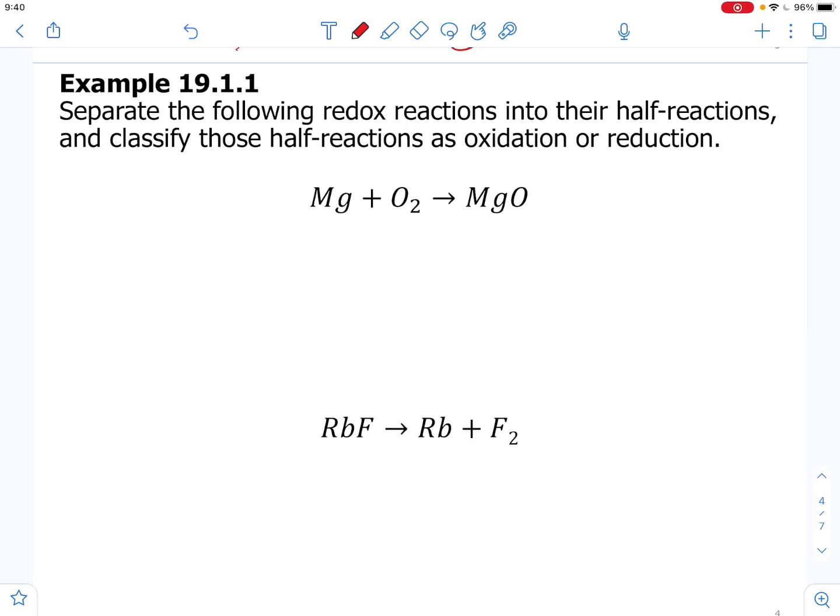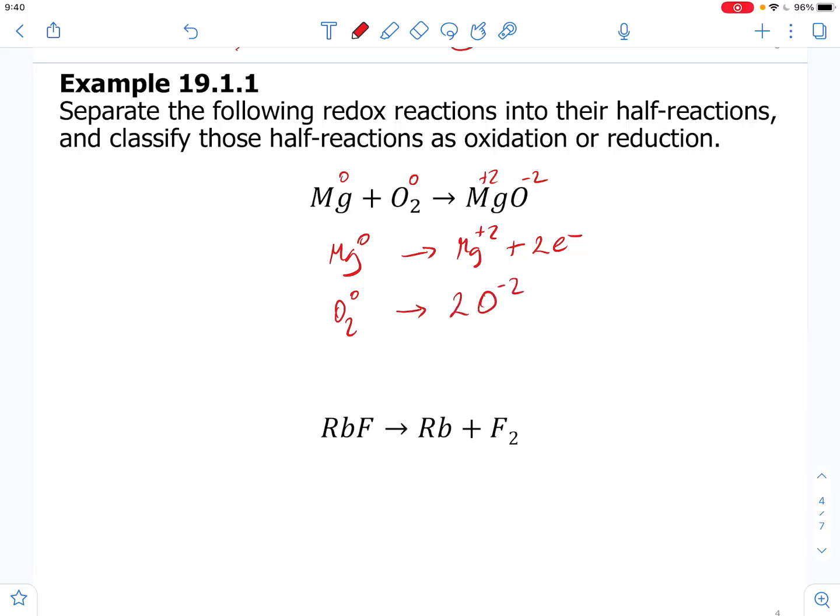Now in this example we have magnesium with a 0 and oxygen with a 0. Magnesium is going to +2 and oxygen to -2, right? So magnesium is going from 0 to magnesium +2, which means it's losing 2 electrons, and oxygen is going from 0 to 2 oxygens -2.